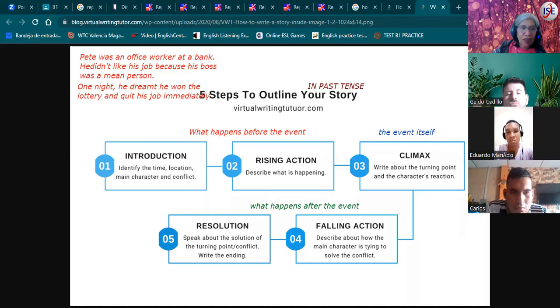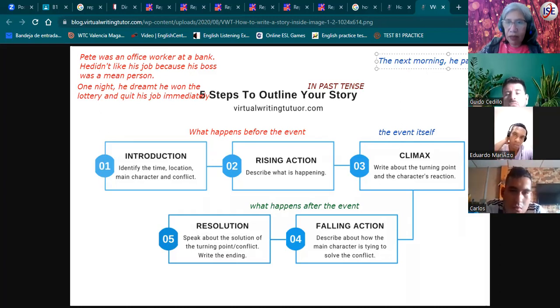Let's go to the event itself. The next morning, and we understand it is the next morning after his dream, he passed by a kiosk, a stall, and he saw a lottery ticket.